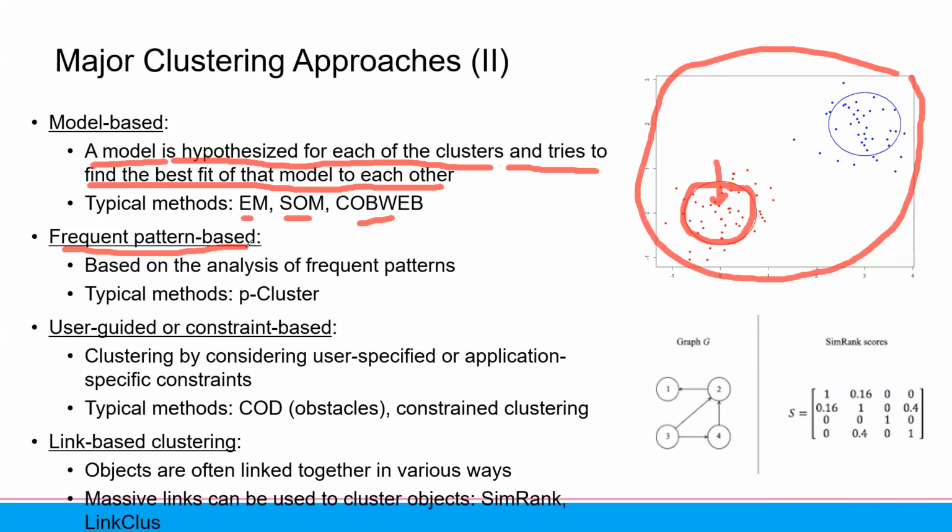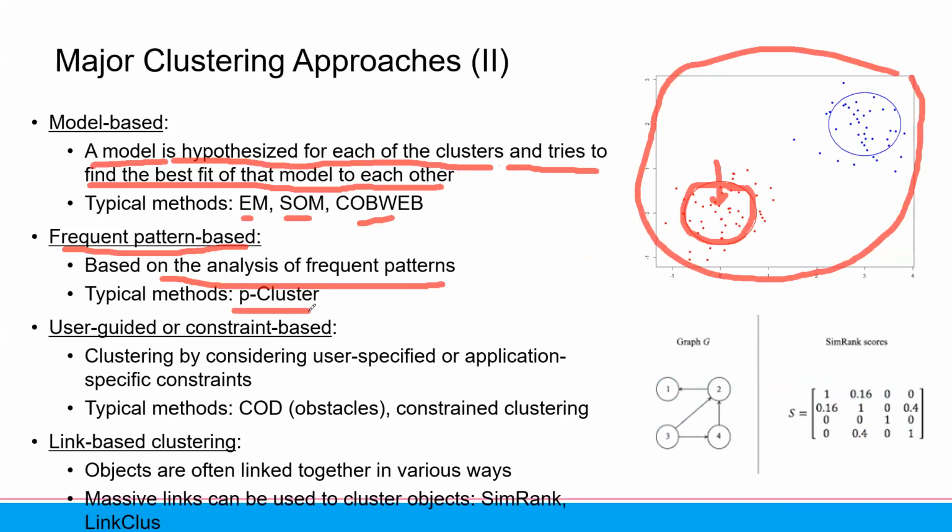Frequent pattern-based clustering is based on frequent pattern analysis. I think you already know association rules, where we have frequent item sets. The basic idea is almost similar.